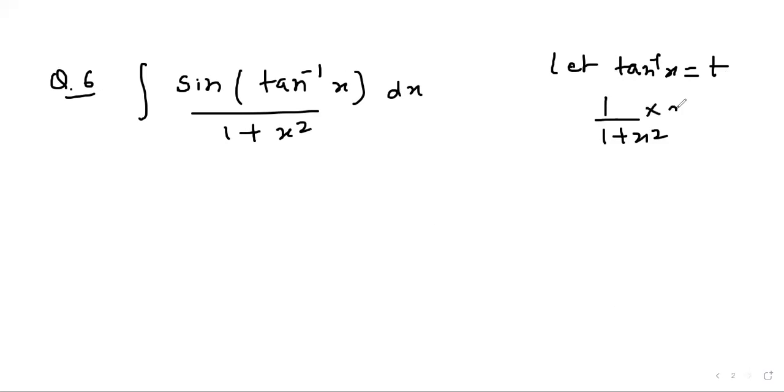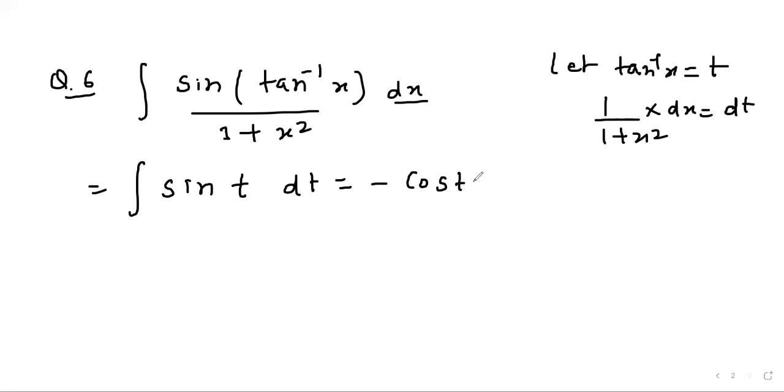So dx can be shifted to the LHS. So dx upon 1 plus x square equal to dt. Here we have dx upon 1 plus x square, so it will become dt. So our question will be sine t dt, which will give minus cos t plus c. Minus cos t is minus cos of tan inverse x plus c.